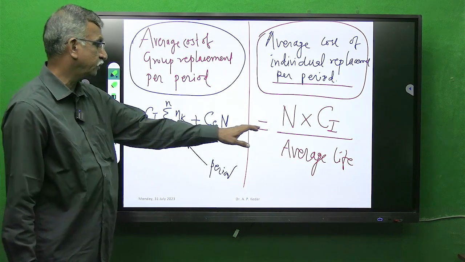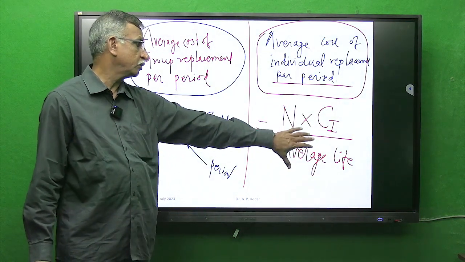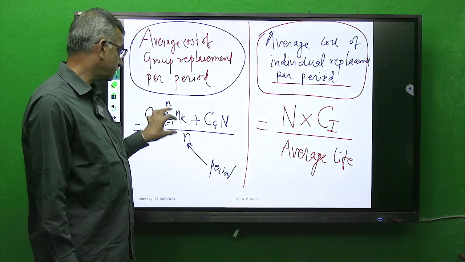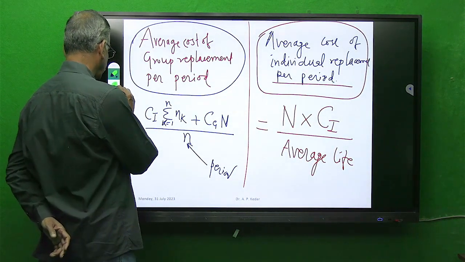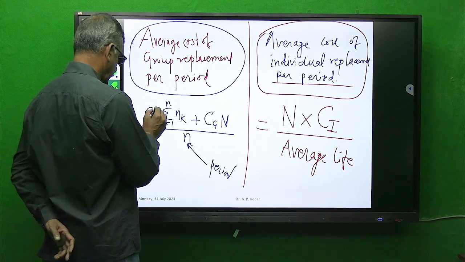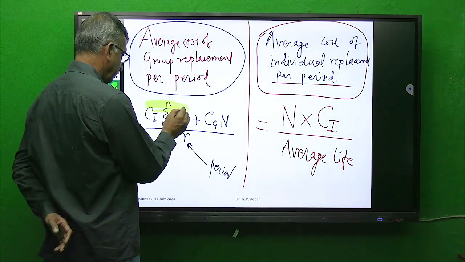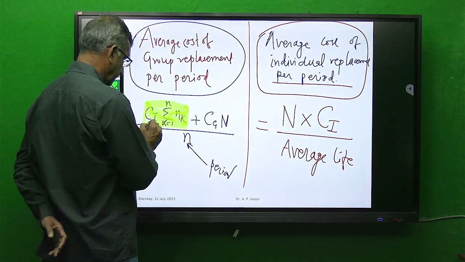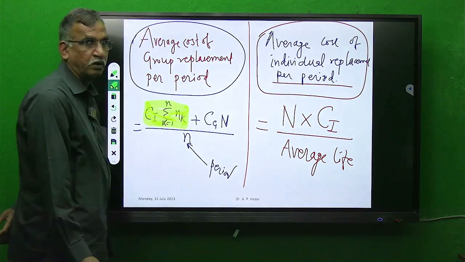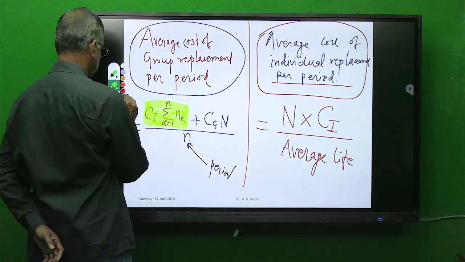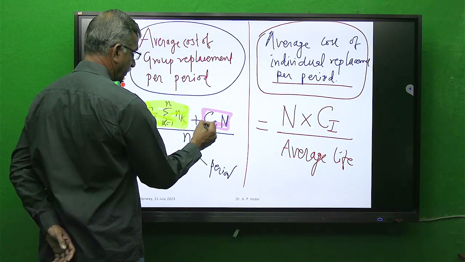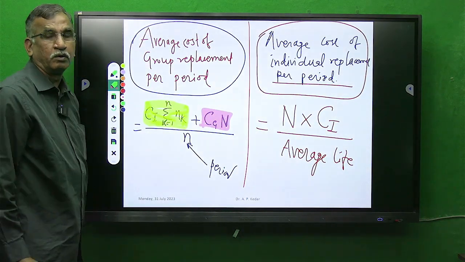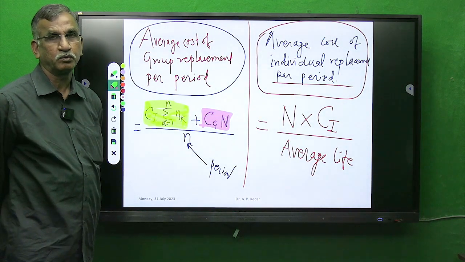Now here you can see the difference. This n into Ci is representing for this case, whereas Cg into n, plus this factor takes care of the component replaced on individual basis as and when they fail, whereas this factor takes care of the component replaced in group, whether they fail or they do not fail.